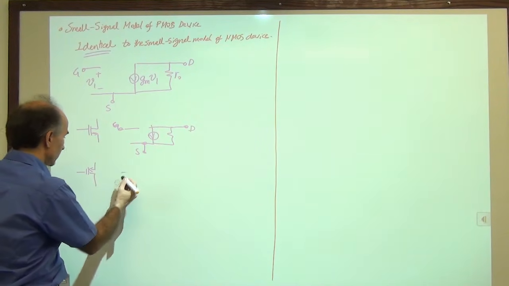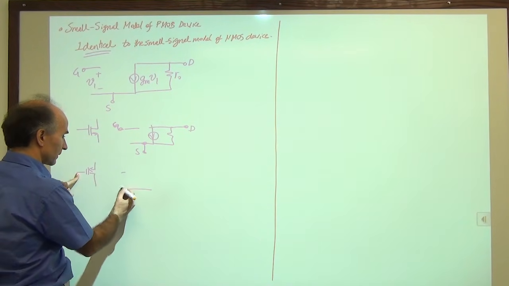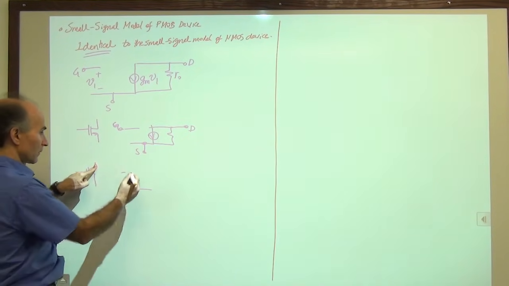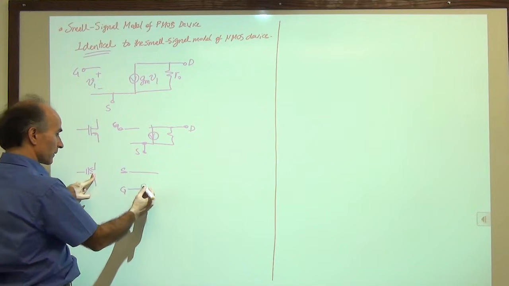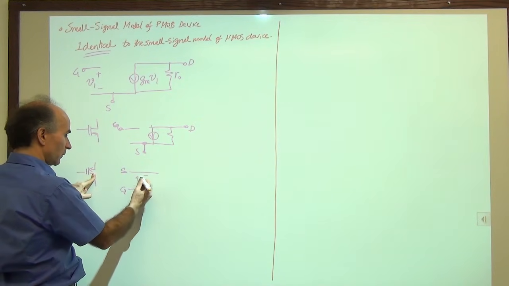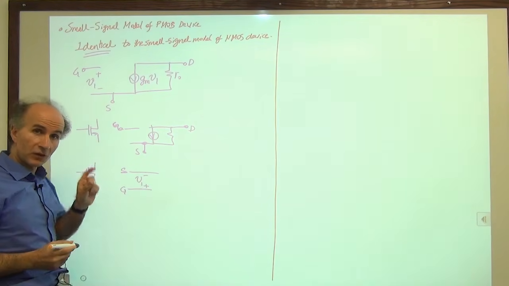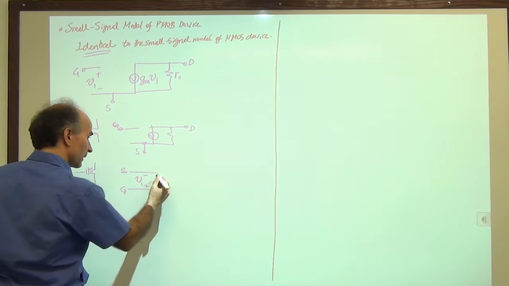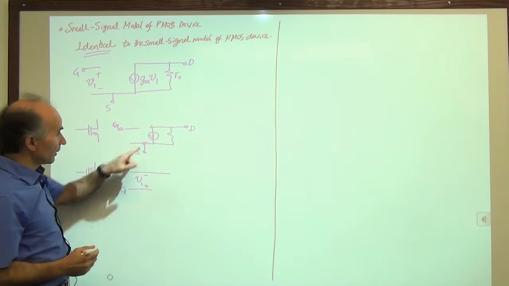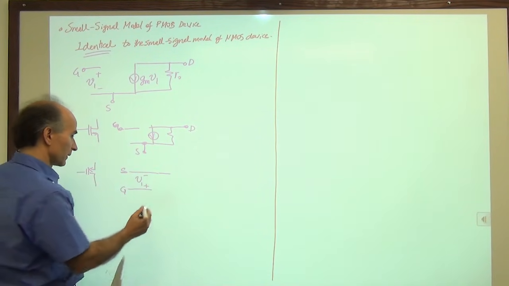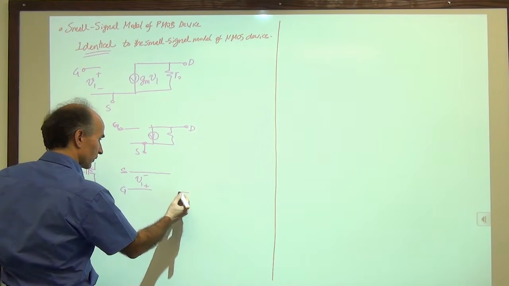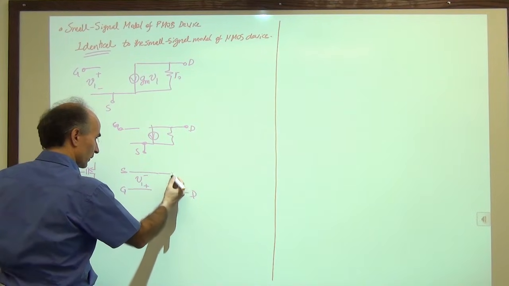So here's how it goes. Gate, gate, source, source. A voltage between gate and source, plus minus V1. V1 represents a change, an increment. And then we have a current source that is directed from drain to source.